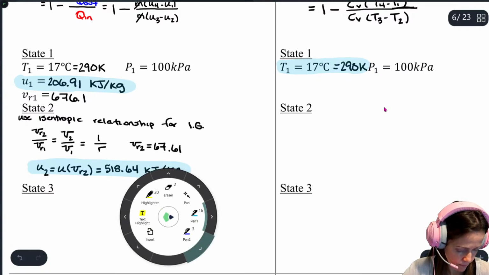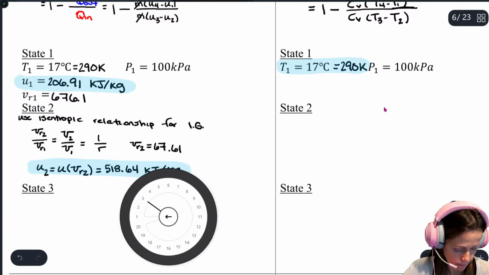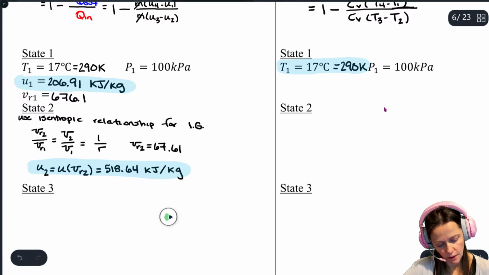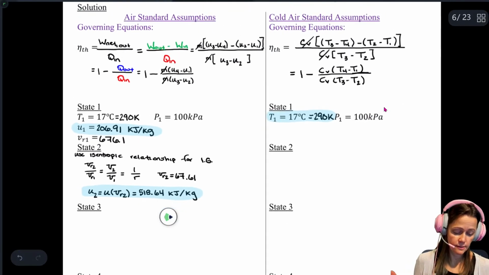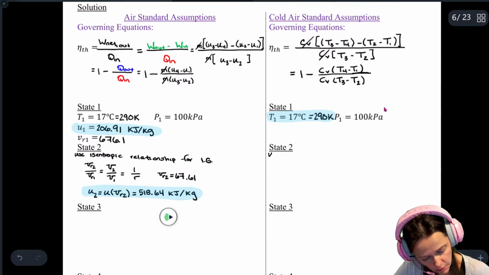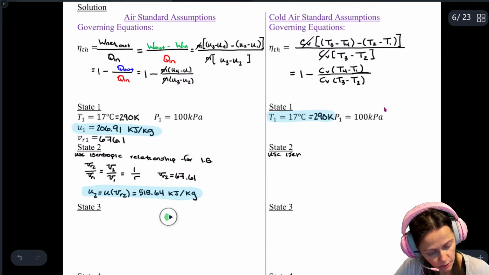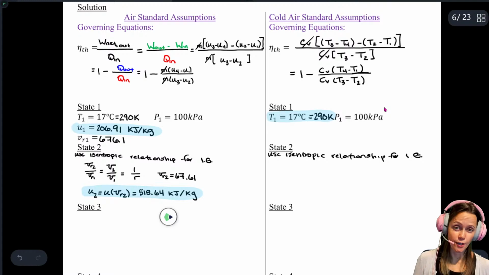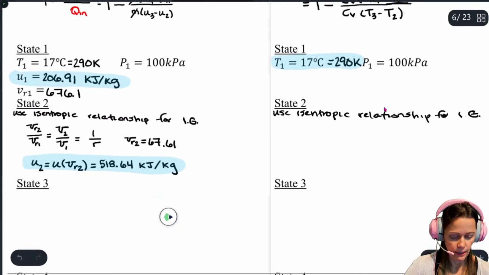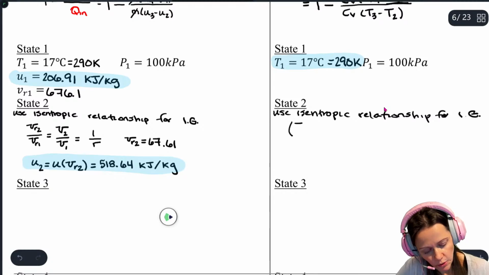Perfect. All right. So if I look over here on the right-hand side, still I'd use an isentropic relationship for an ideal gas, but this one I could use the one designated for constant specific heats. There were 3 of them on your equation sheet, but I'm going to use the one that relates the temperature ratio to the specific volume ratio.